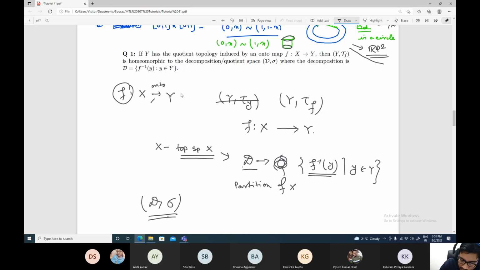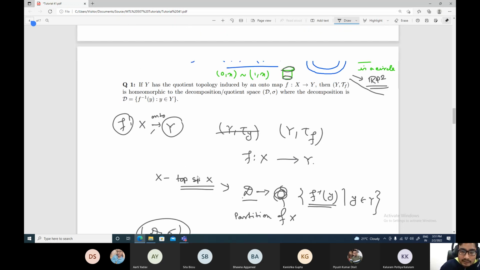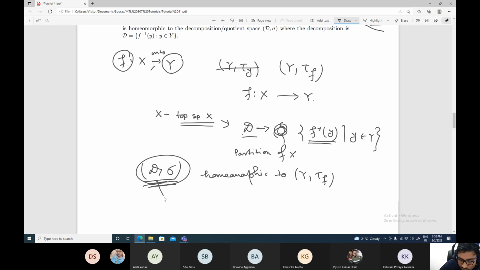The quotient topology is defined on Y, but here this quotient space is also induced from the set X. This theorem gives the argument that if we define these two spaces, then (D, sigma) is homeomorphic to (Y, tau_f), whenever this D is not all partitions, but the particular partition f inverse of y, such that y belongs to Y.